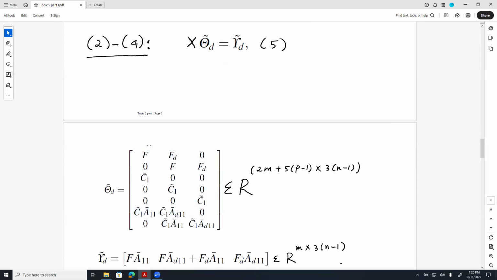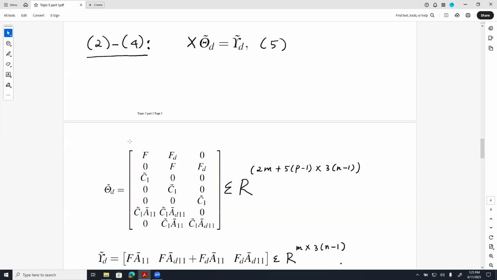When we look at this big matrix, we have all these known matrices F, F_D. F_D comes into this expression in here. And then we have C tilde 1.